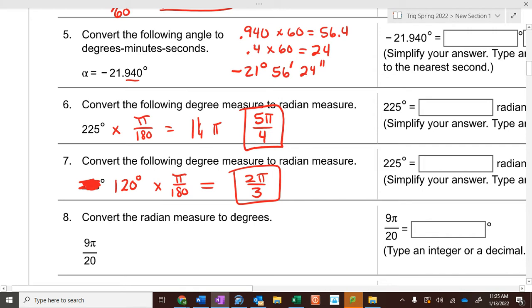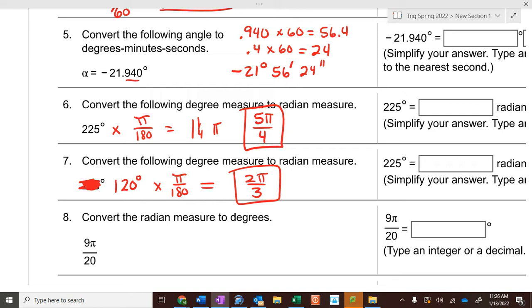Okay? How do you convert from radians to degrees? Somebody said divide by pi over 180.